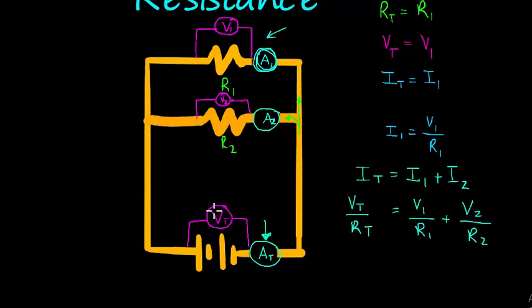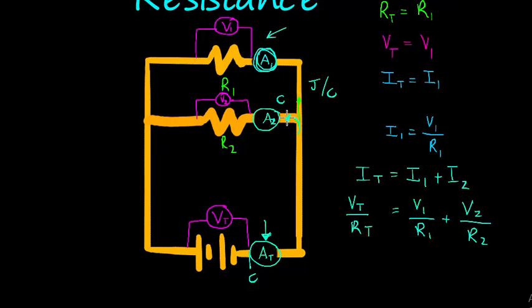Remember, the voltage represents the amount of energy that each coulomb has. When they split, the amount of energy that each coulomb has did not reduce. The voltage, the joule per coulomb, stays the same, even though it splits.